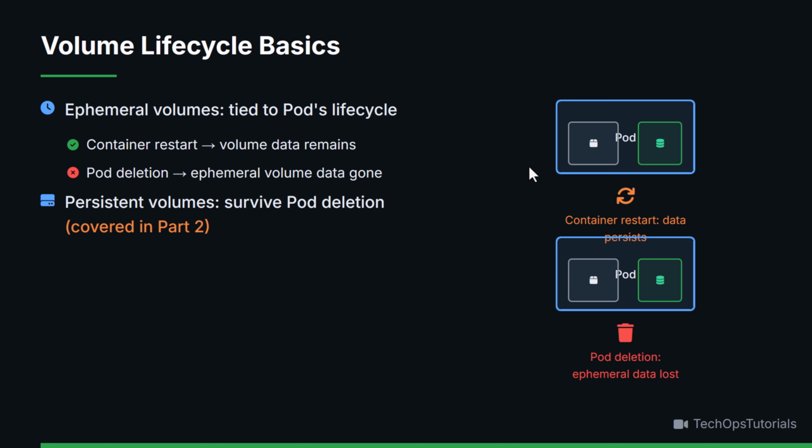Unlike ephemeral volumes, it exists independently of the pod. So even if the pod is deleted, the persistent volume and its data remain intact. To put it simply, an ephemeral volume lives and dies with the pod, and a persistent volume survives beyond the pod's lifecycle. We will dive deeper into persistent volumes and how they are managed in part 2 of the series. But for now, just keep this key distinction in mind. Next.